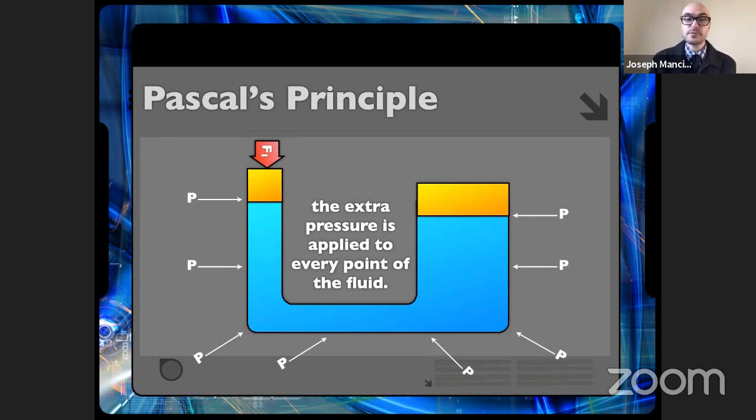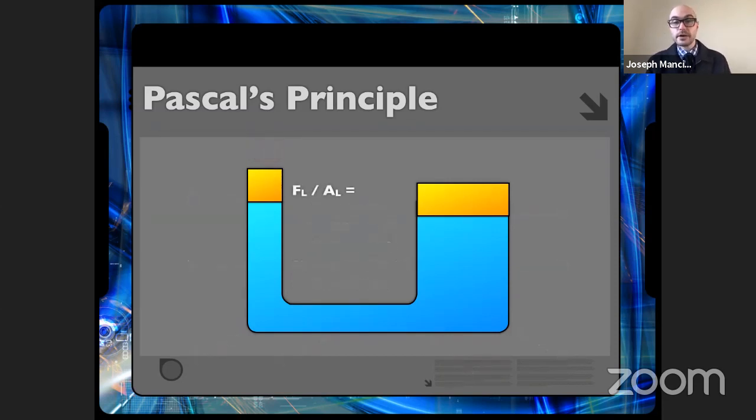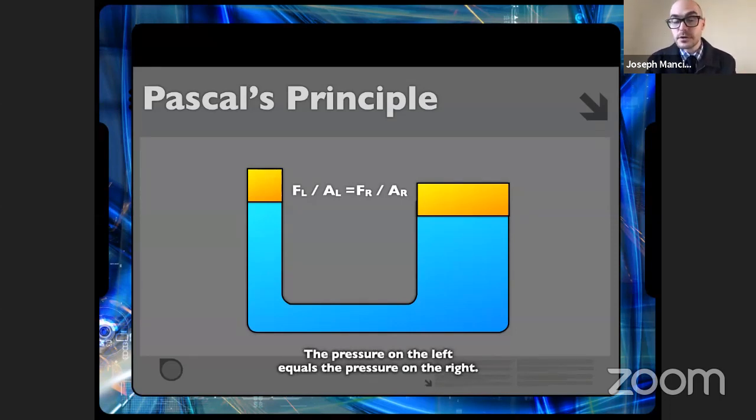Now, pressure is force per area. And what that means is that the extra force per area on the left side equals the extra force per area on the right side. The pressure on the left equals the pressure on the right.